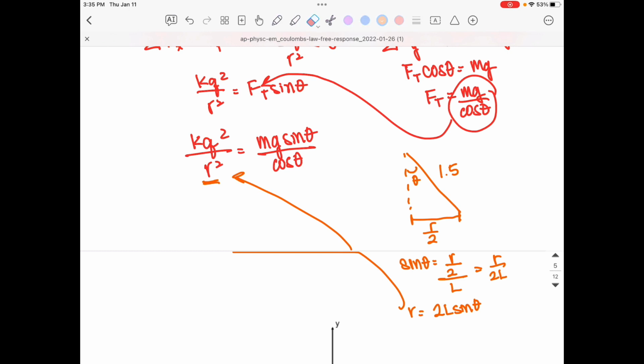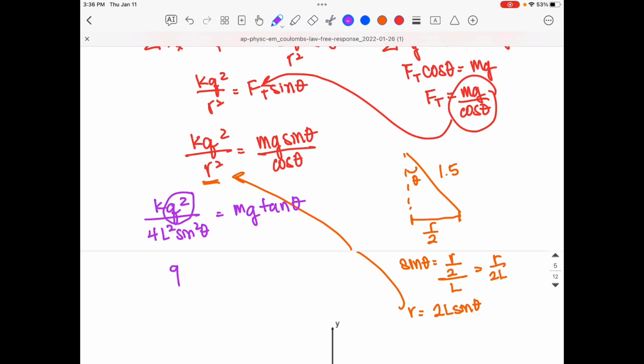And let me kind of make room for this. I'll make it in purple. In the end, I end up with kq squared over 4L squared sine squared theta is equal to mg. Sine over cosine is tan theta. So that makes things a little bit cleaner. And then I'm going to isolate the q squared.